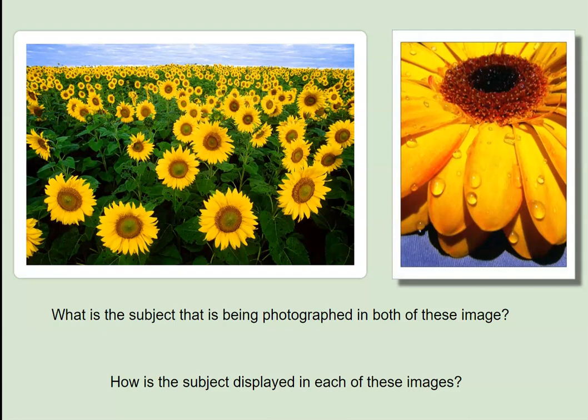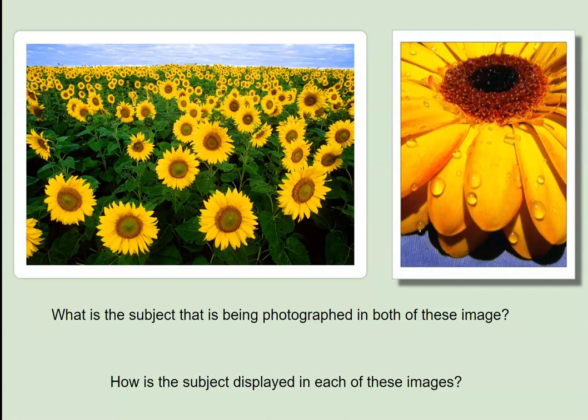Well, the image on the left shows the flower, but it shows hundreds of them. It fills the space. It is a landscape of beautiful, colorful sunflowers. So the amount of flowers in this picture, just how vast this field is, is amazing.